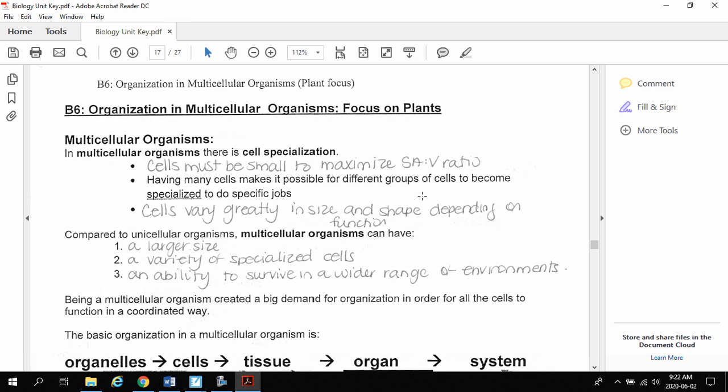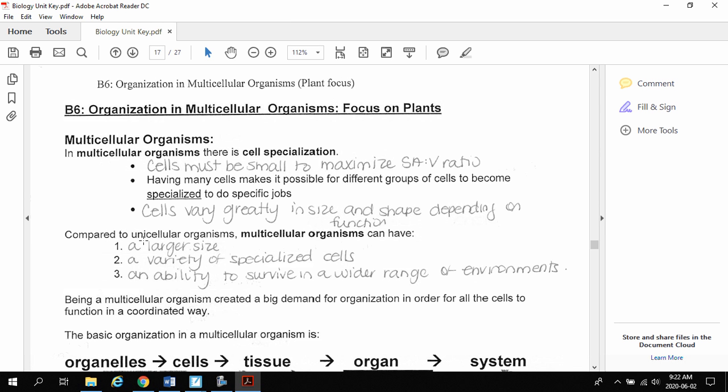I apologize. So compared to unicellular, uni meaning one, unicellular organisms, multicellular organisms can have, compared to a single bacteria, we're bigger, so a larger size. So multicellular organisms are bigger. They can also have a variety of specialized cells. We talked about that above.